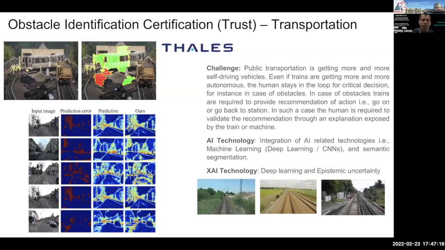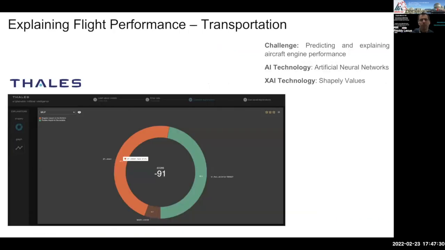Some work I mentioned earlier, object detection, has been covered. So the work we're doing with our colleagues in Toronto is for explaining obstacle detection. We're also working with the airline industry to make explanations.